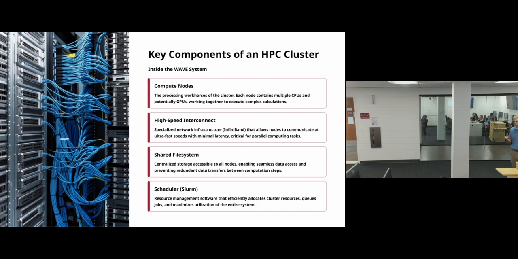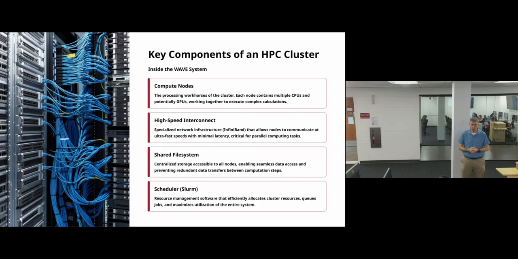So in addition to the compute nodes, these very powerful servers, the HPC also has a very high-speed interconnect. What that means is it's a network that allows these servers to communicate very, very fast. It's a specialized type of network.